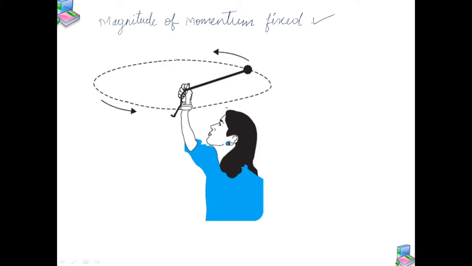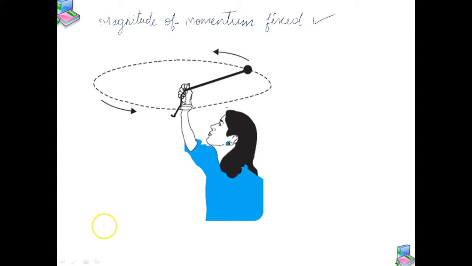So this corresponds to greater acceleration, or equivalently greater rate of change of momentum. This suggests that the greater the rate of change of momentum, the greater the force applied, isn't it?